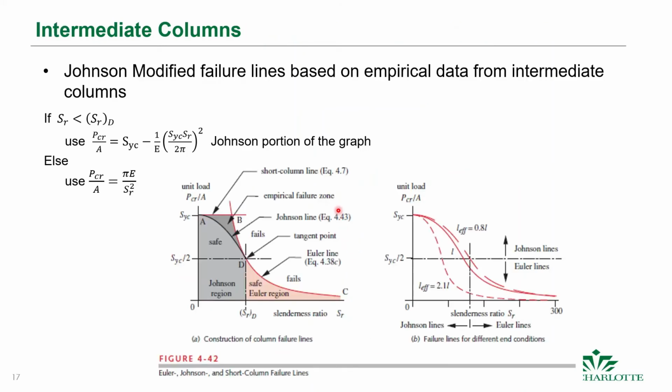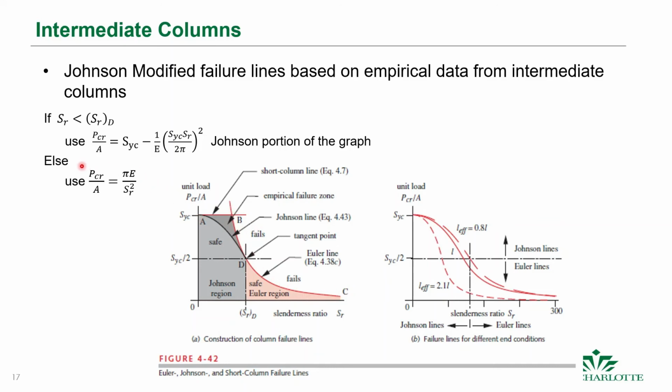Now, we have that theory, we have these critical loads. Unfortunately, in practice, these critical loads don't work for what are called intermediate beams. At half the compressive yield strength, we have this point D where there's a difference between the data and what is predicted by the Euler line.